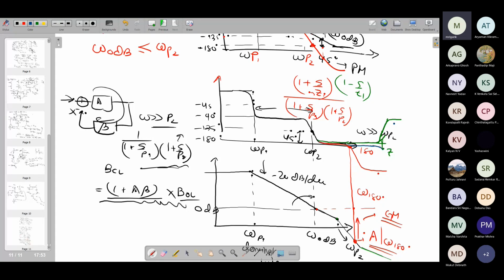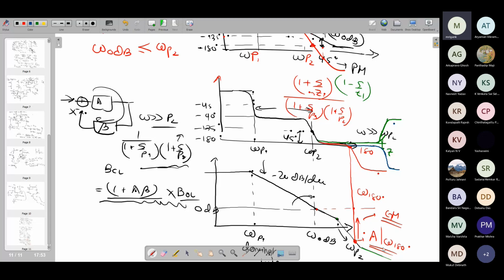Now it is going to create a shift in the negative direction. That means even without the third pole, because of the zero, you are getting a phase which is going beyond 180 degrees. And the magnitude plot is also falling with a smaller slope.